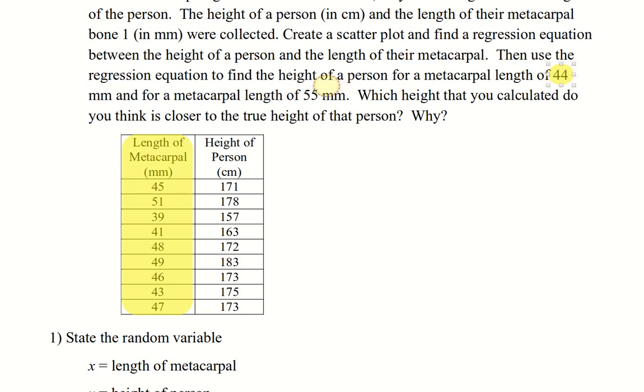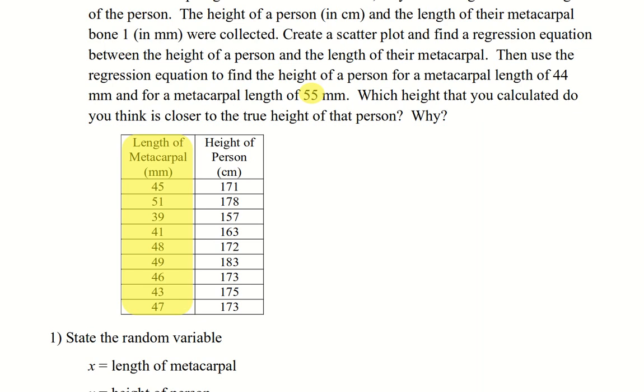The same cannot be said for the second question. If we're now asked about someone whose metacarpal is 55 millimeters, well, that's no longer inside of this data. That's well outside. I see a 49, I see a 51, but 55 millimeters is outside the range of that data. So when we use the linear regression formula to find the expected height, this one's going to be extrapolation.